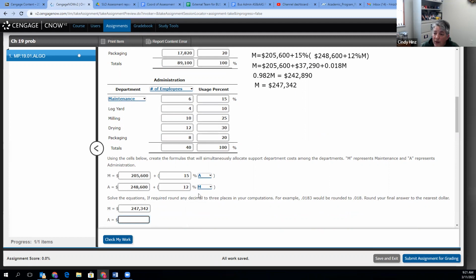Now that we know what M is, we can take that dollar amount and plug it into this equation to get A. Okay. So it would just be A equals 248,600 plus 12% of that 247,342.